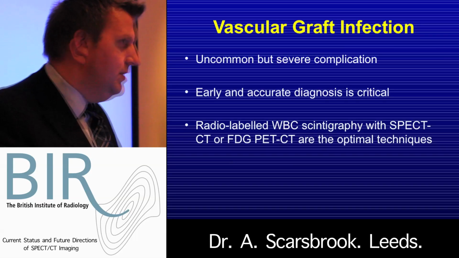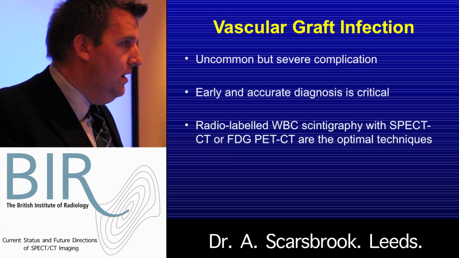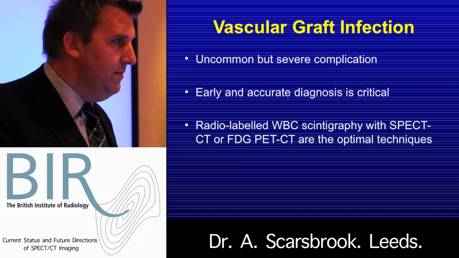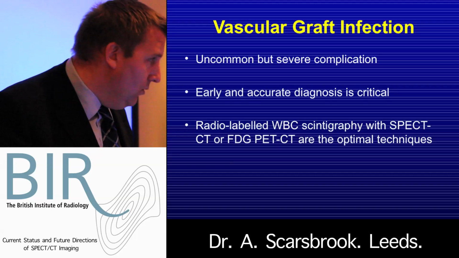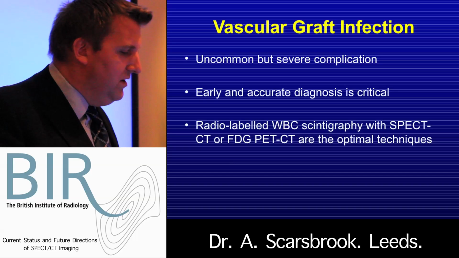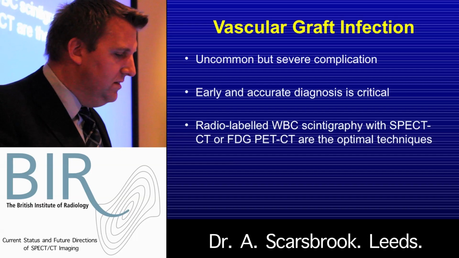Moving on to vascular, and nowadays with the use of endovascular stent grafting, it's becoming more frequent for us to be asked to use functional imaging to assess these grafts in patients that come in with pain or raised inflammatory markers. And early and accurate diagnosis is really critical because it can be life-threatening for obvious reasons.